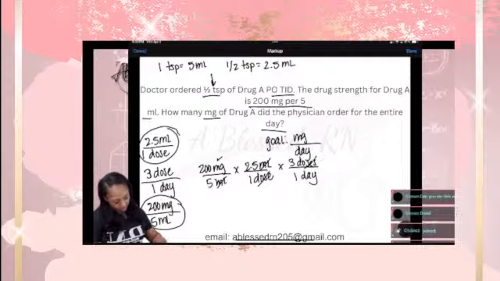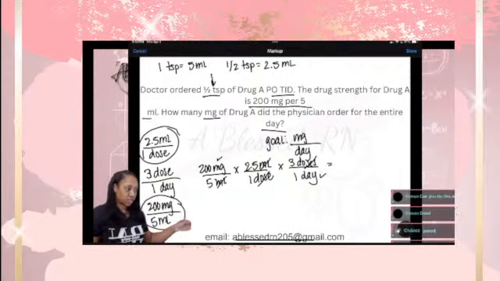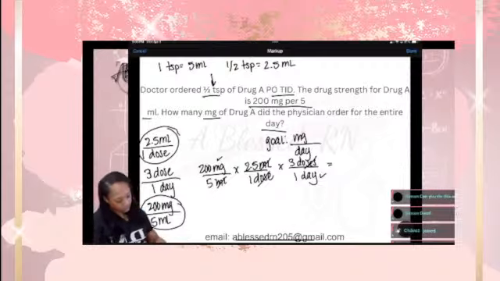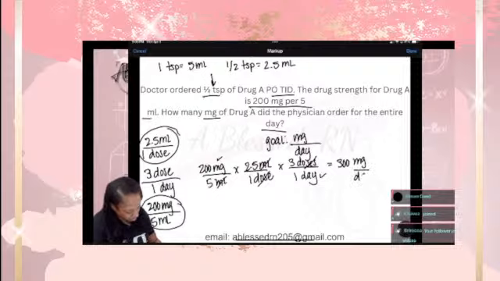Dose crosses out and you're left with milligram on the top and day on the bottom. So then we'll do our multiplication and our division now. So you do 200 times 2.5 times 3, divide 5, and then you can put the ones in if you want to, but I don't because they don't make a difference. Equals 300 milligrams per day.